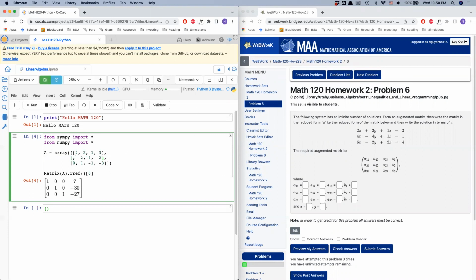Here you get +4, -4, +1, and +1. And the last row should be 6, -2, +2, and +4. Okay, so let the code run.